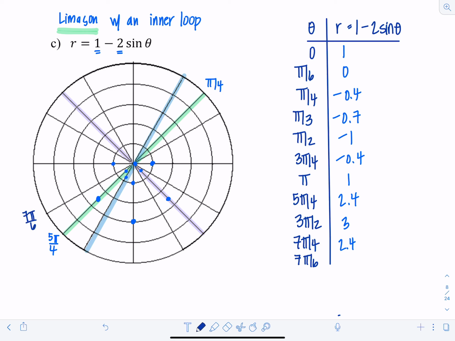So sine at 7 pi over 6 is going to be negative 1/2 times negative 2, which is going to be positive 1. 1 plus 1 is 2. So it's 7 pi over 6, it's 2. And then I can reflect that over here. It would be the same thing for 11 pi over 6. And then you can also reflect over points from that inner loop. Okay? Good. So this is how it's all going to look.